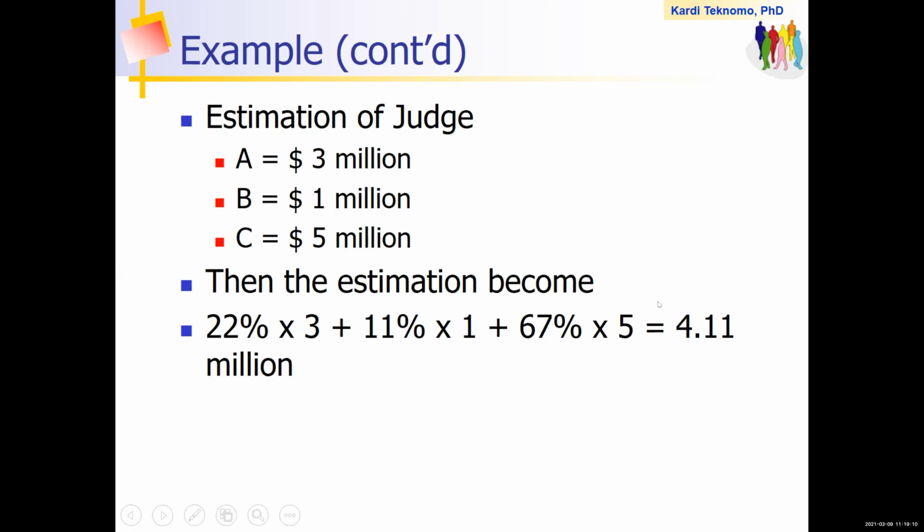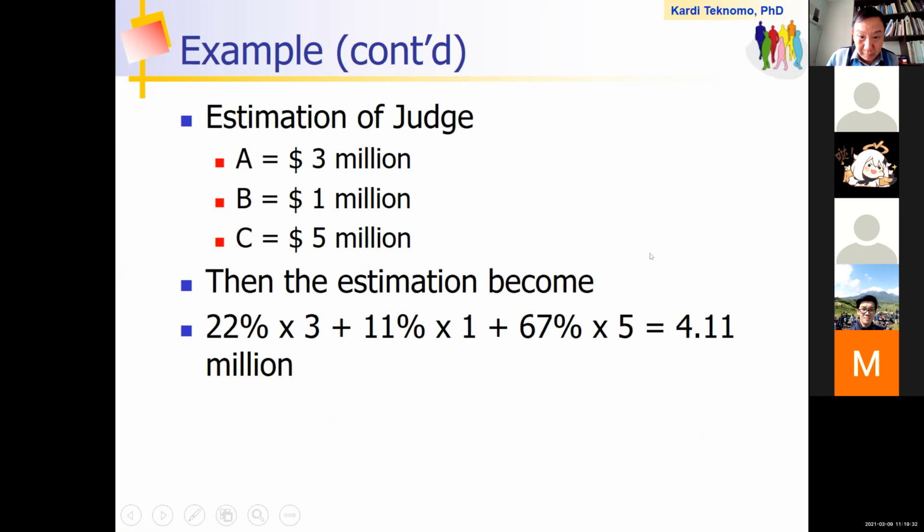Until here, is there any question? So this is how you use the group decision to estimate certain things. Are you following? Any question?